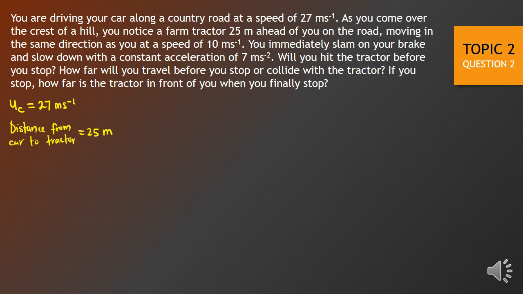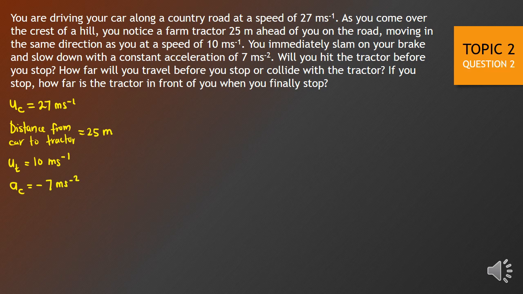And then the initial velocity of the tractor is 10 meters per second. Both the car and tractor are moving in the same direction. And then the car slams on the brake and slows down with a constant acceleration of 7 meters per second square. So the acceleration of the car is negative because it slows down: negative 7 meters per second square.